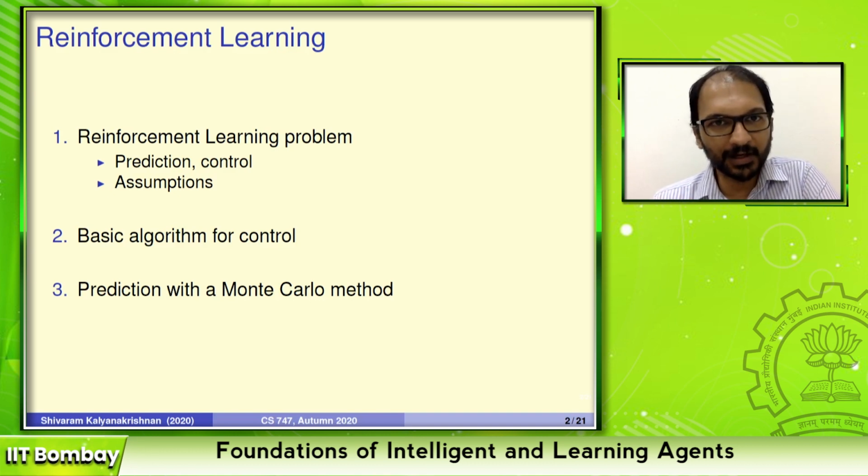Similar ideas will also apply to control, and that's really what is going to follow through the rest of the course. So again, what is the reinforcement learning problem and what do we mean by prediction, control, etc.?